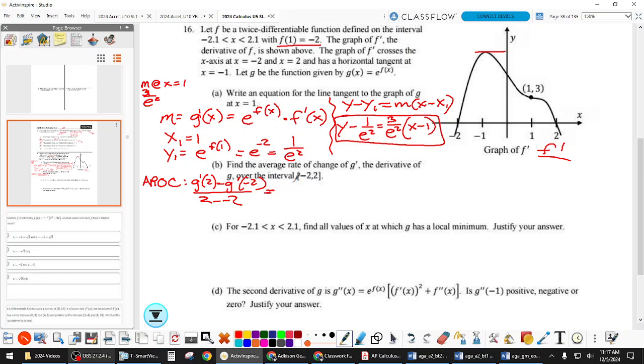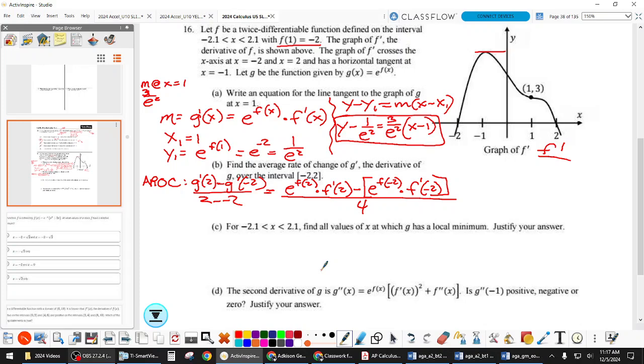So we have e to the f of 2 times f prime of 2 minus e to the f of negative 2 times f prime of negative 2, all over 4. Okay, so it looks bad, right?